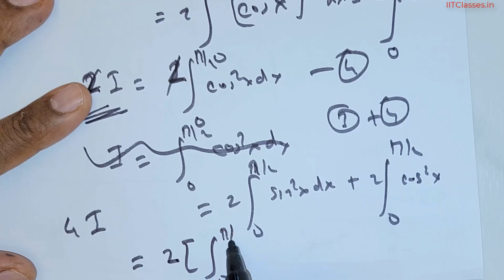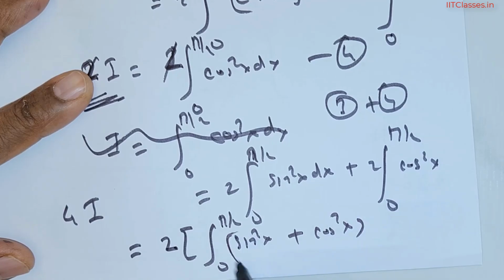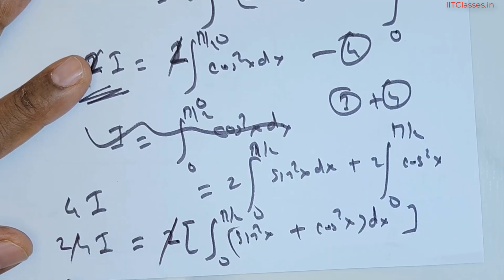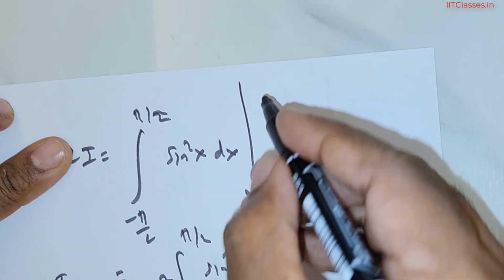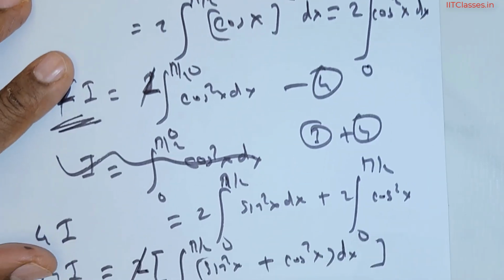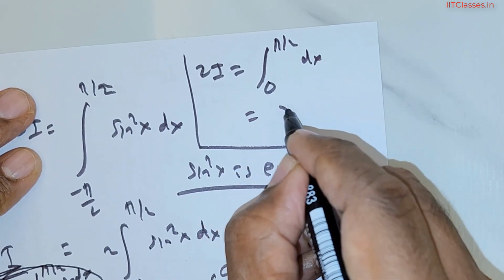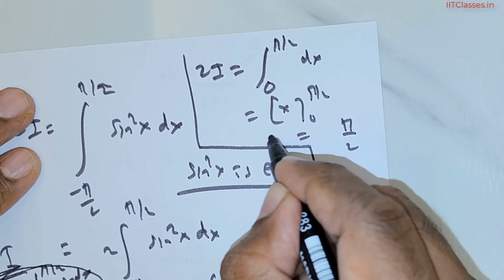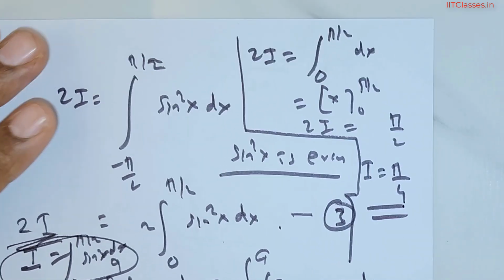If I take 2 out, I get integral 0 to pi over 2 of sine squared x, and I can club these two things together, cos squared x dx, and you have 4 times I. Now this 2 divides 4 two times, so you have 2 times I is equal to sine squared x plus cos squared x, which is nothing but 1. So you have integral 0 to pi over 2 of dx. You integrate this, you get x from 0 to pi over 2. You substitute this, you get pi over 2. On the left you have 2 times I. So that means I is equal to pi over 4. So that is the solution for this question.